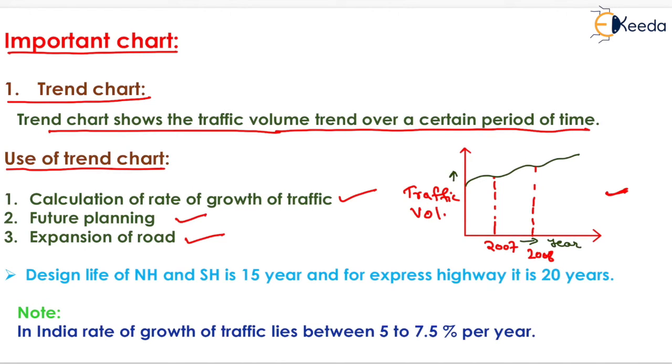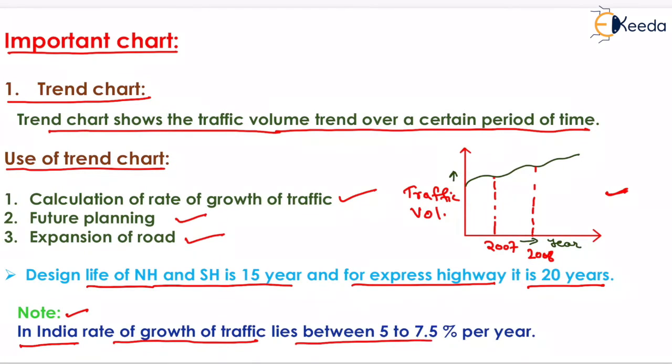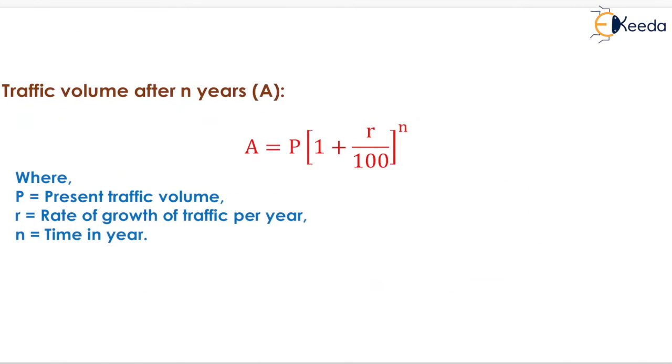Now the design life of national highway and state highway is 15 years, and for express highway it is 20 years. Now one note is there that in India the rate of growth of traffic lies between 5 to 7.5% per year, which is determined from the trend chart. Now traffic volume after n years can be computed as A equals P into (1 plus R by 100) to the power n.